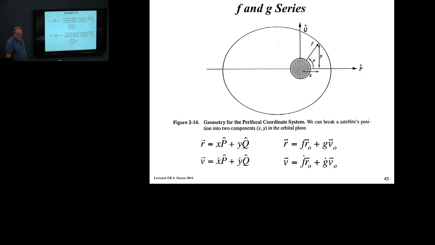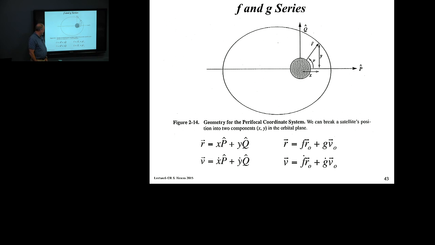Okay, one more concept I'd like to cover in the last 10 minutes, which is the concept of F and G series. It's again related to the two-body problem, so if I can, I want to get the two-body problem completed today. We just learned that we can express the position and velocity in the PQW frame.